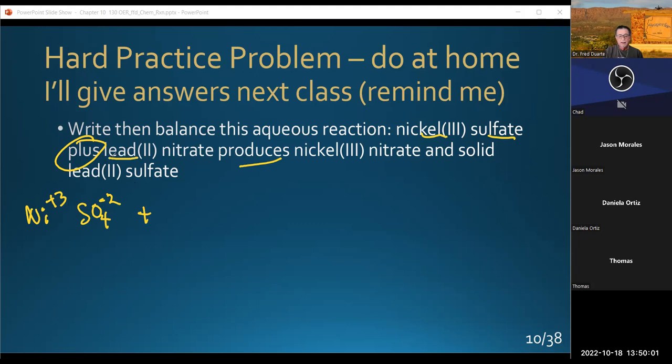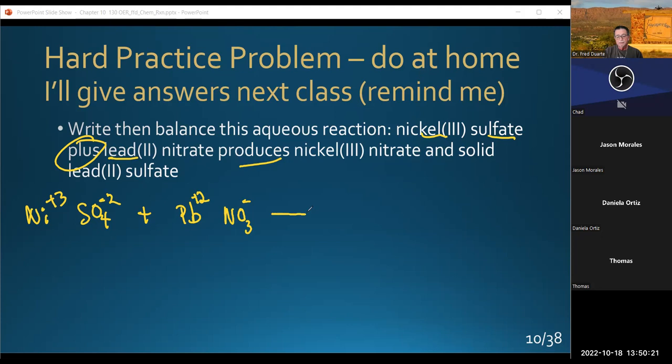Plus lead 2, so the symbol for lead is Pb. Roman numeral 2 tells us we're working with +2. Then we're dealing with nitrate, NO3-. That is from the polyatomic ion table.